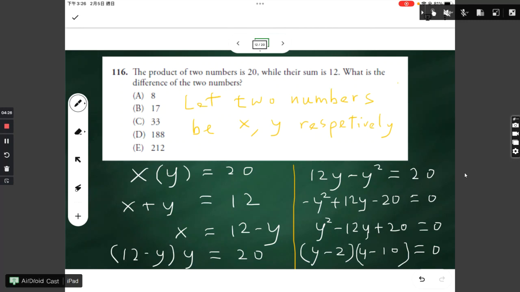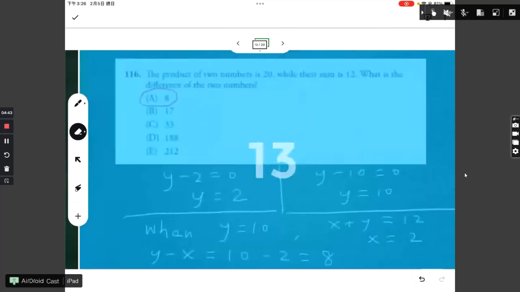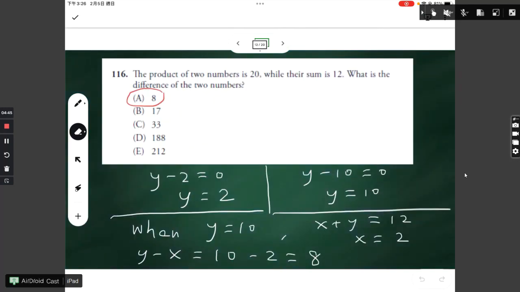When y minus 10 is 0, that means y equals 10.